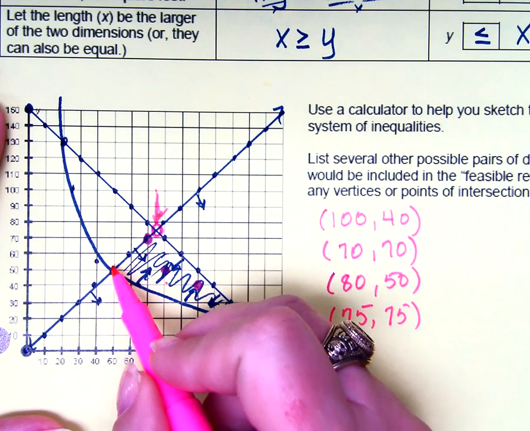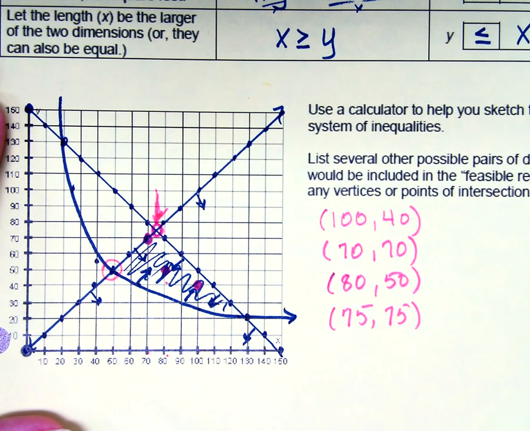Let's go ahead and find this one as well. Can we assume that that one is 60, 60? Because that's where it looks like it is on our graph. We don't assume, do we? Good. So check it out. Use your calculator. Intersection.